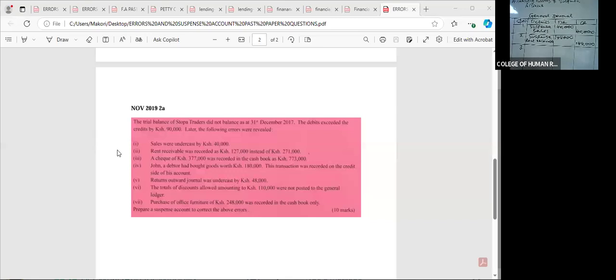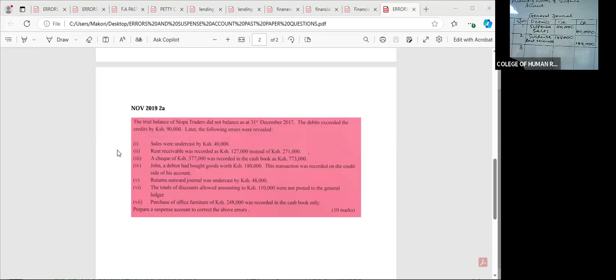Number 3. A check of 377,000 was recorded in the cash book as 773,000. You see now, a check is supposed to affect the bank. The bank is an asset. Assets are normally debited. That is how you argue. So this check of 377,000 was recorded as 773,000.